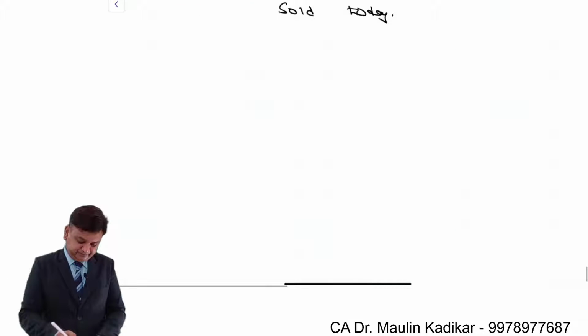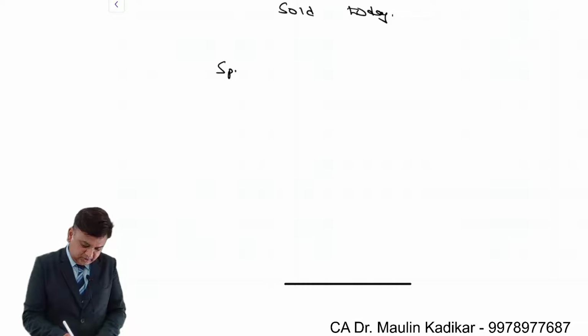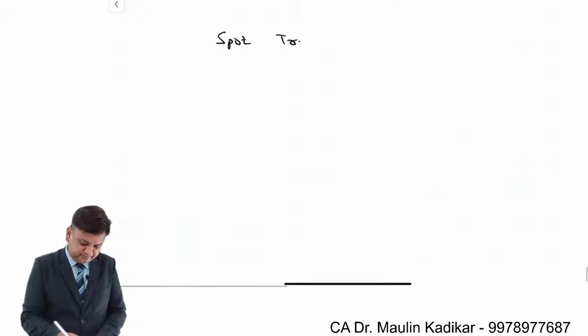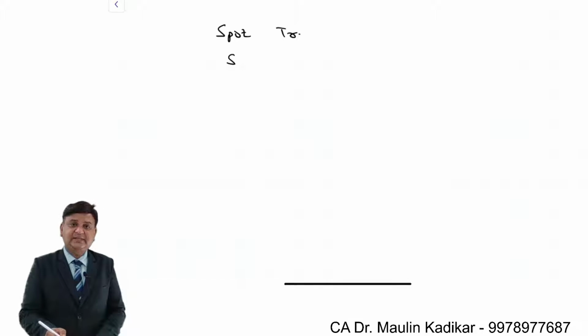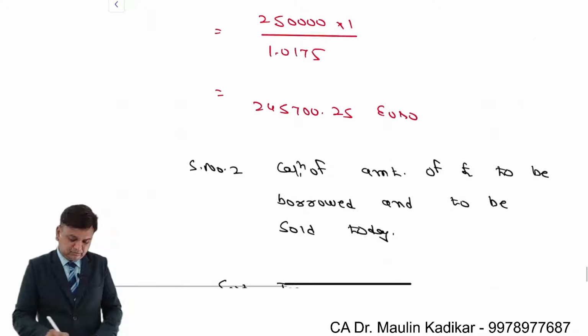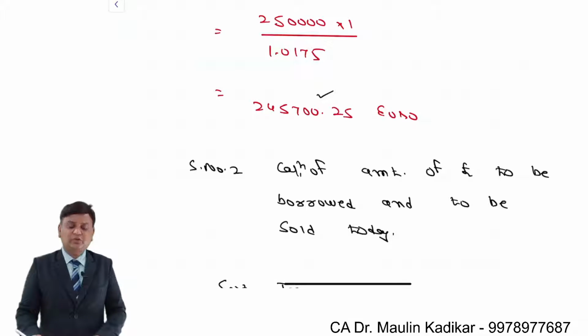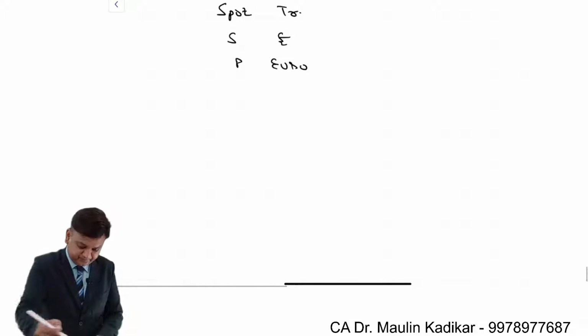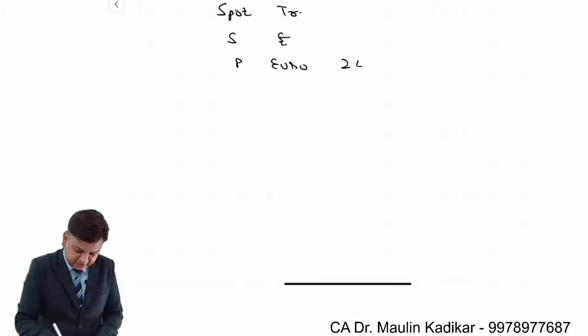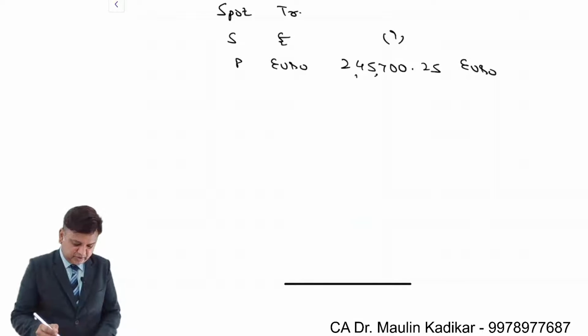So in that write down spot transaction. Spot transaction is sell of pound and purchase of euro. The amount of the euro to be purchased is 2,45,700.25. Okay.